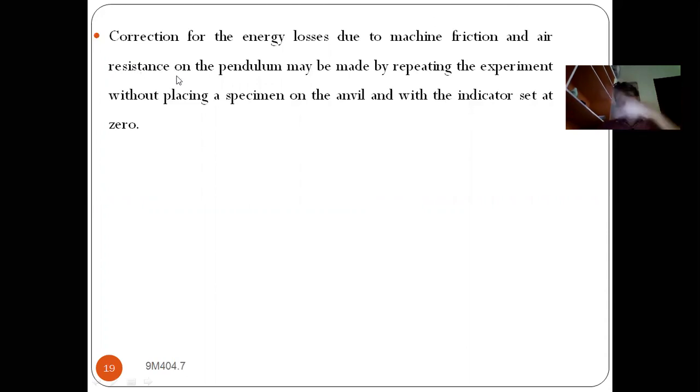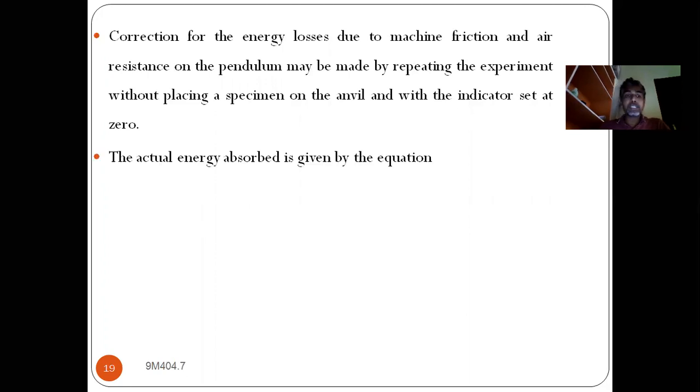As the pendulum is moving, it is attached to a certain point, so there will be some machine friction as well as air resistance when the pendulum is moving. If you implement those energy losses into the equation, you will get the exact values of energy absorption.